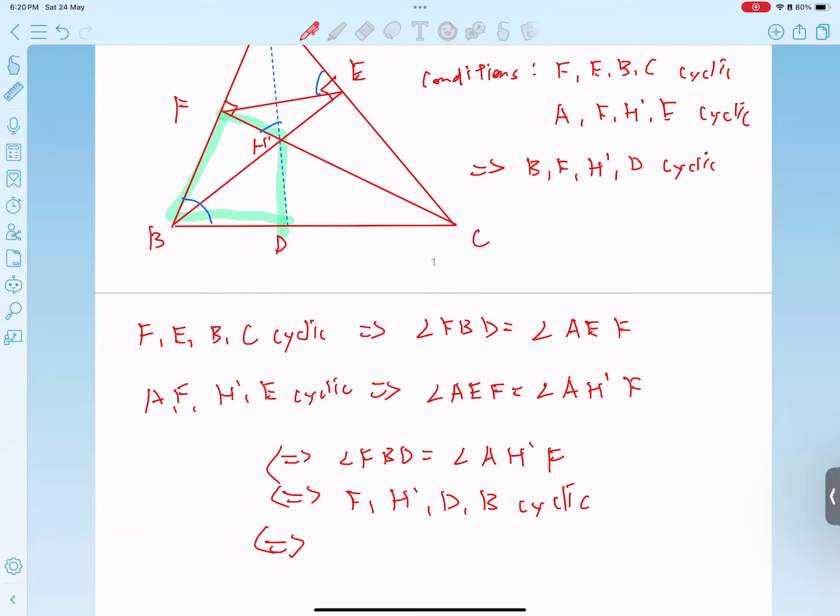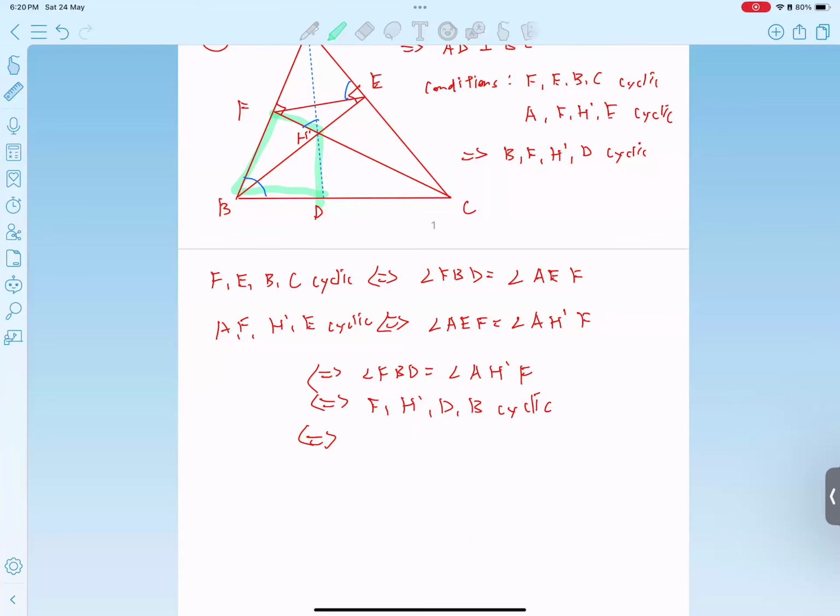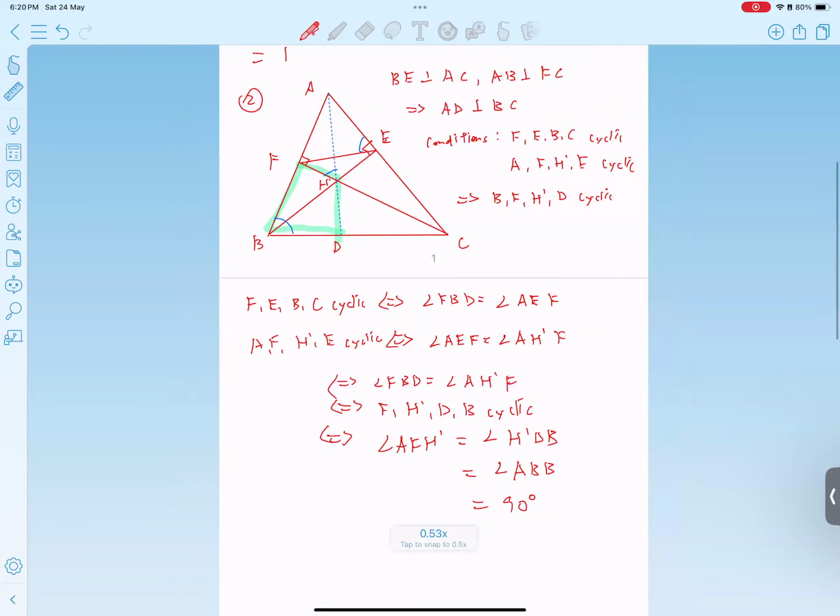So angle AFH' will be equal to angle H'DB, equal to angle ADB, equal to 90 degrees. And we're done because we proved that AD is perpendicular to BC.